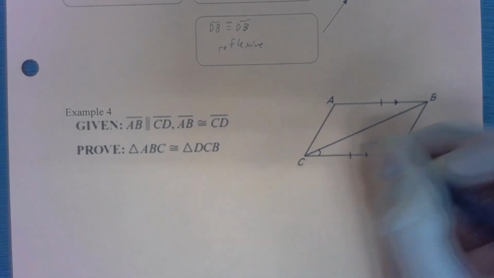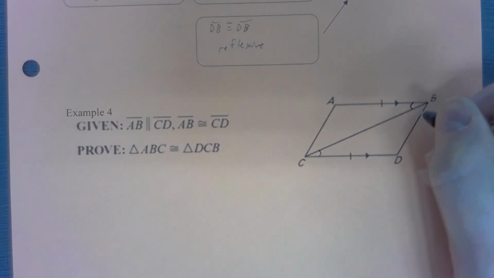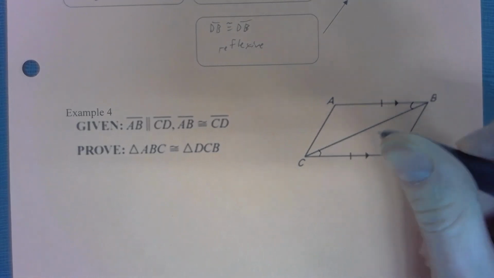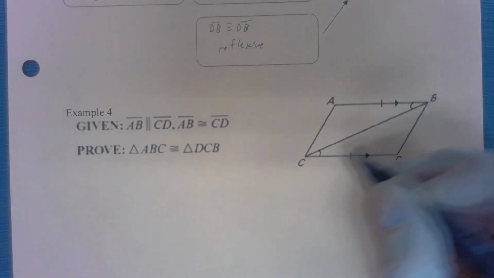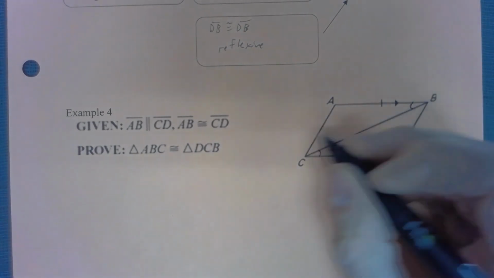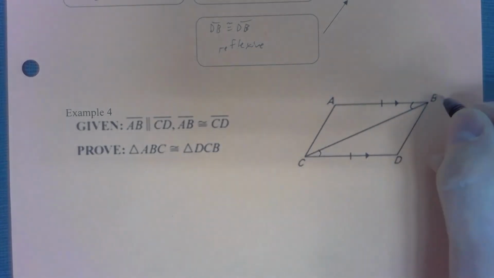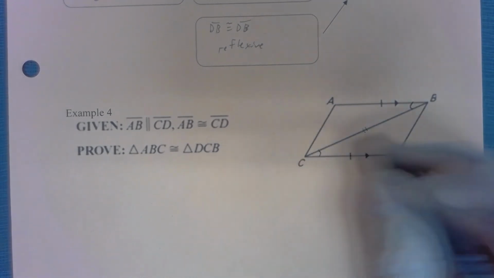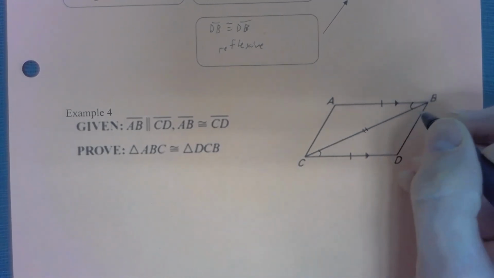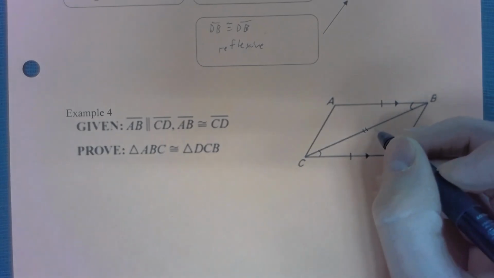This angle here and this angle here are on opposite sides of that transversal and are between the parallel lines. Those are alternate interior angles. So we have a pair of angles that are congruent. These two triangles also share a side. They share CB or BC. So knowing that, we have a side, an angle, and a side.